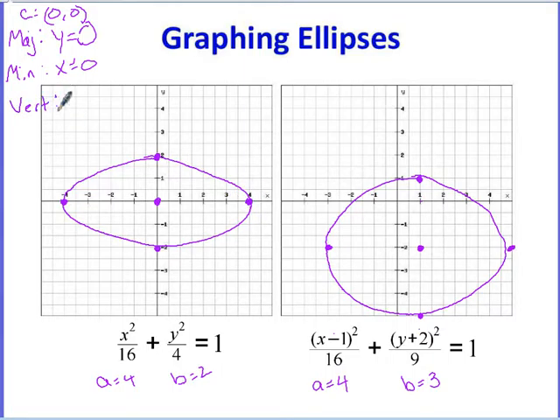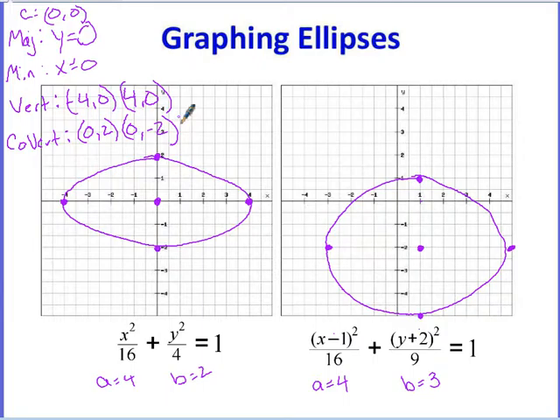So my vertices are, in this case, (-4, 0) and (4, 0). Then co-vertices are those points that I drew on the minor axis. So for this case, they would be (0, 2) and (0, -2). Vertices are on the major axis, co-vertices are on the minor axis.